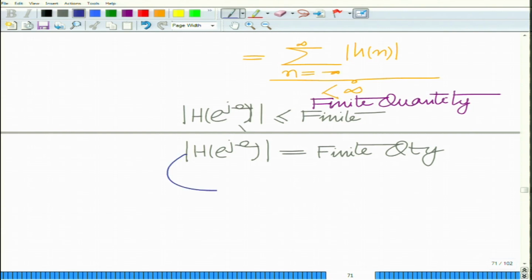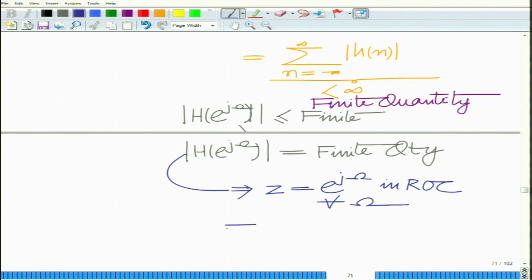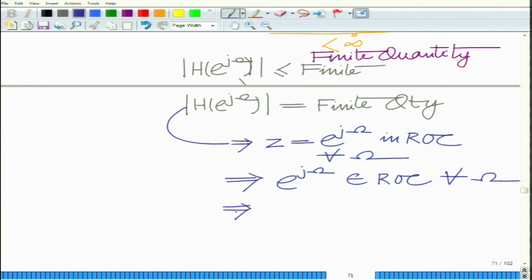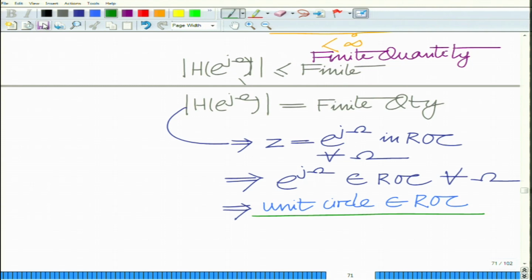So, this implies that for all ω, e^{jω} belongs to the ROC, set notation, belongs to the ROC for every value of ω, which implies that the unit circle belongs to the ROC for a BIBO stable system.